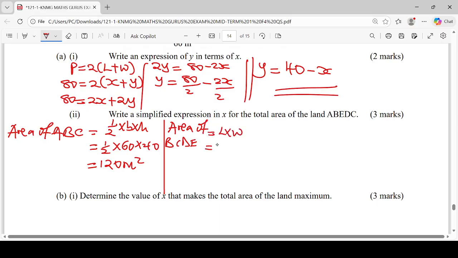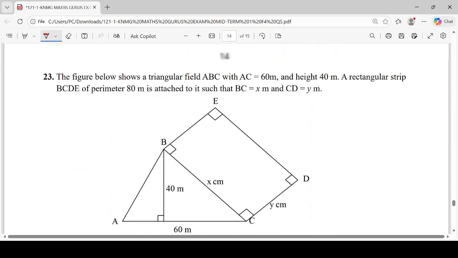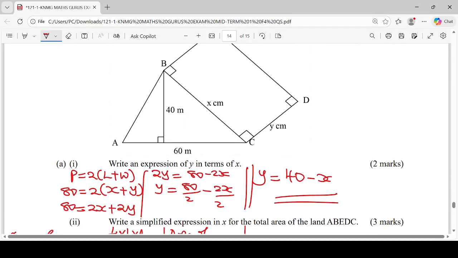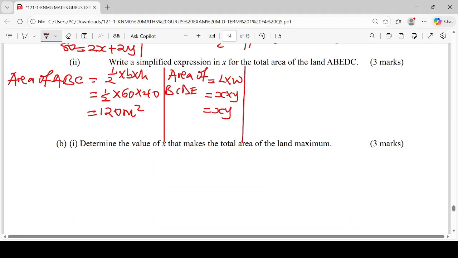Therefore, that is x times y, which is xy. Then after that, write a simplified expression for the total area. Remember, sorry, when you take a half times 60 times 40, it will give you 1,200. I had omitted my 0 there.